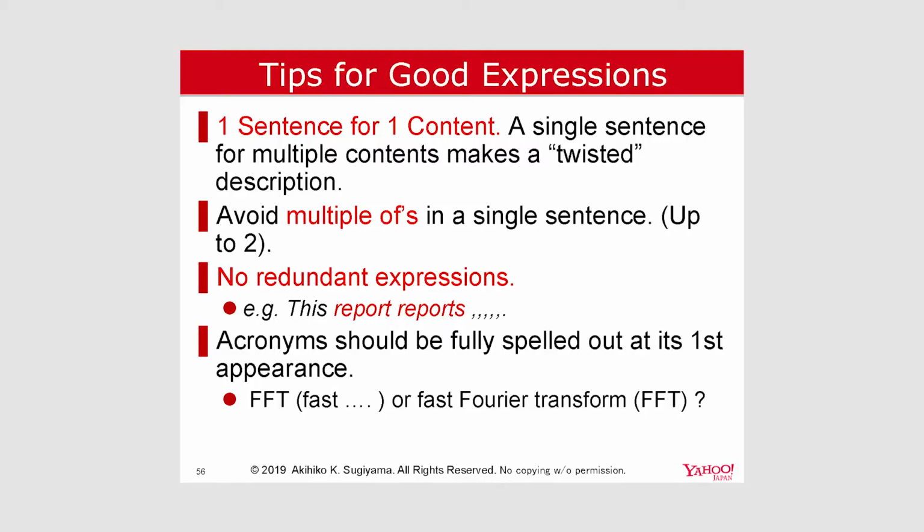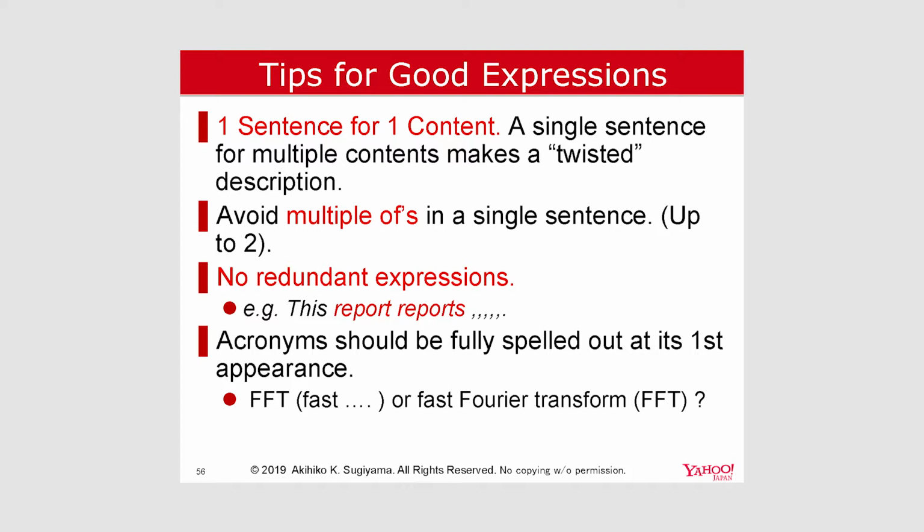In signal processing, we often use fast Fourier transform, FFT for short, but in another field, FFT may be used for another meaning. I don't know. So whenever you first write FFT, put the full spelling of this acronym.